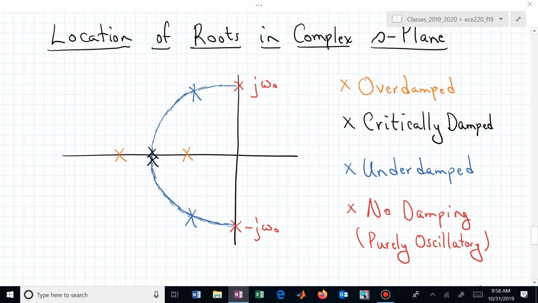Orange is now the overdamped case, and it's a little bit hard to see, and if you print this out on a laser printer without color, you're not going to catch all of this information that I'm trying to encode in this figure. But we know where the no damping case comes into play. That's our tank circuit. That's the red. That's j omega naught and minus j omega naught.